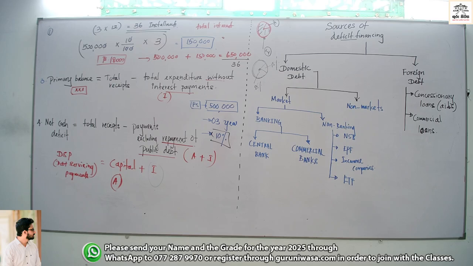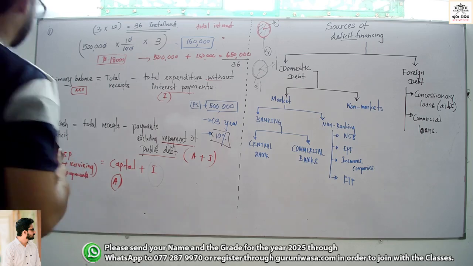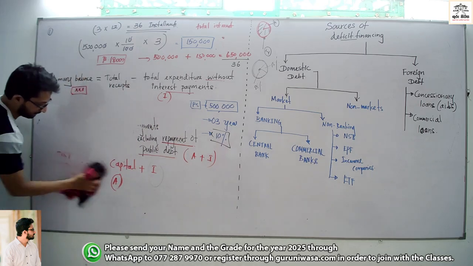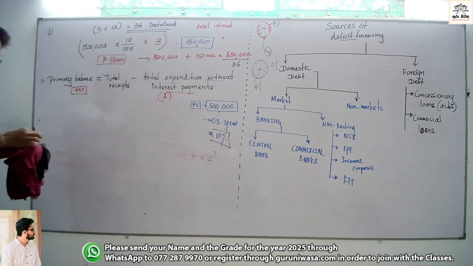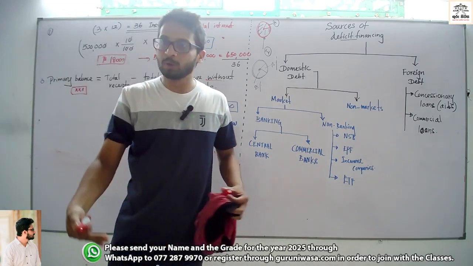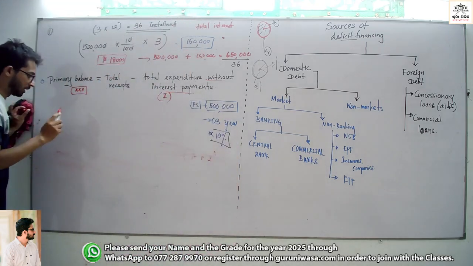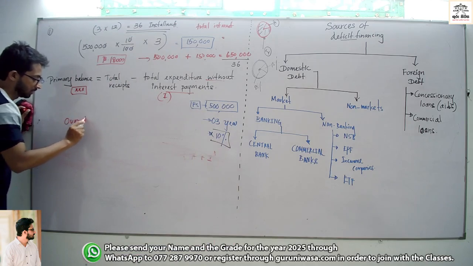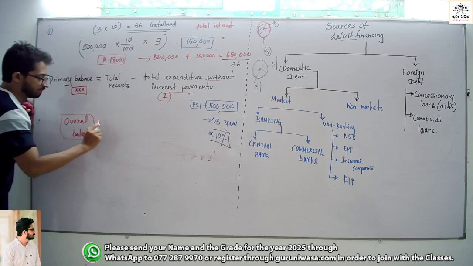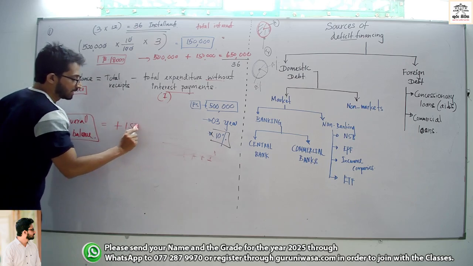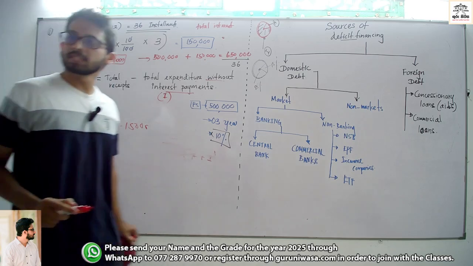Then, if you are given overall balance, how would you calculate primary account balance? You are given overall balance. I would say, the overall budget balance is 15,000 surplus.